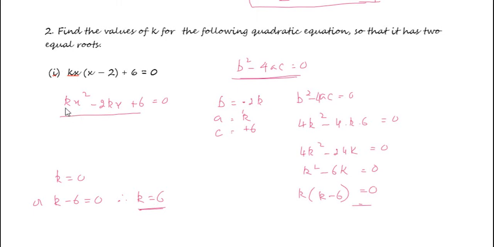But now if the value of k is 0, then this becomes 0, so this is not going to be a quadratic equation. So k cannot take the value of 0. So the value of k for which the two roots of the quadratic equation are equal is 6.